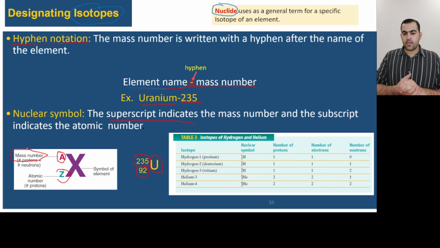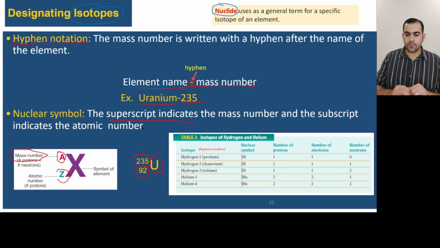Let's look at the table of isotopes of hydrogen and helium. What we see here is the hyphen notation: hydrogen-1, protium. These are the names of hydrogen isotopes. But if we use designating isotope, we write it like that.